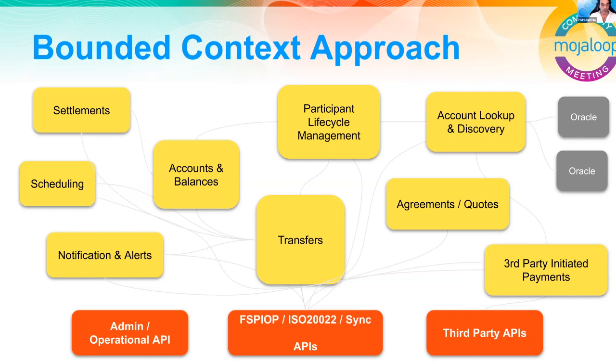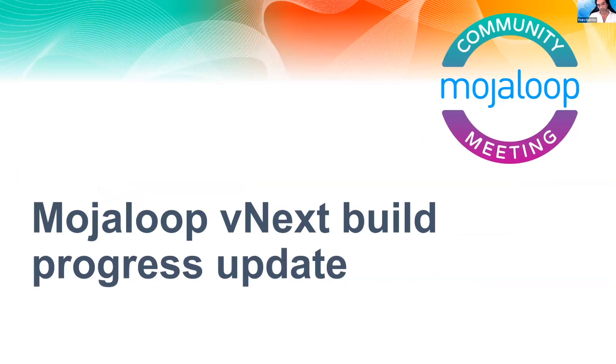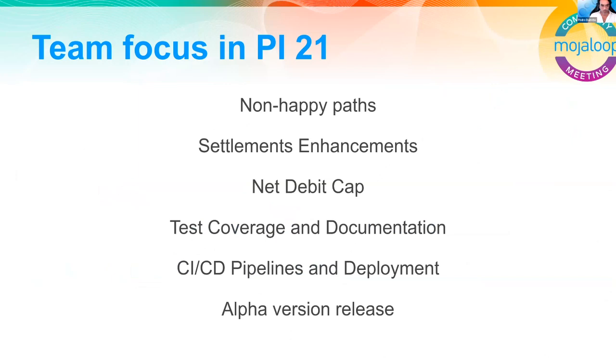I'm not going to go much more through this. What is the update on this? We've been working. We did a big demo back in March at the end of PI 20, and we showed pretty much all of the main functions of the switch working with the happy path.